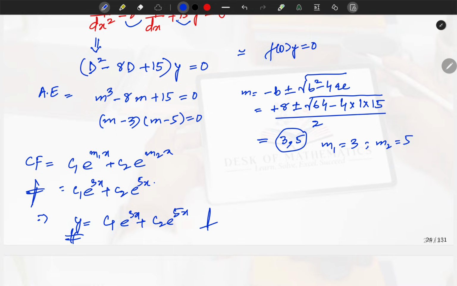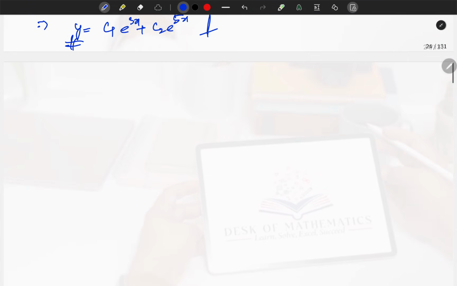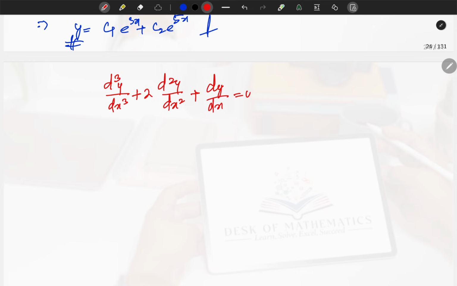Now, for example, they will give another differential equation of the third order, that is d cube y divided by dx cube plus 2 d square y divided by dx square plus dy by dx is equal to 0.